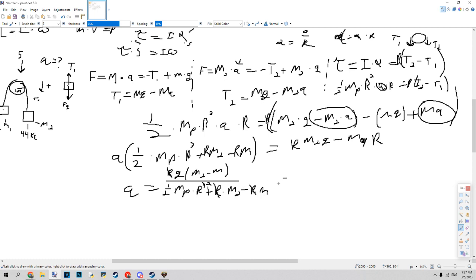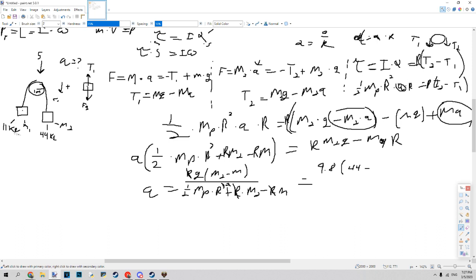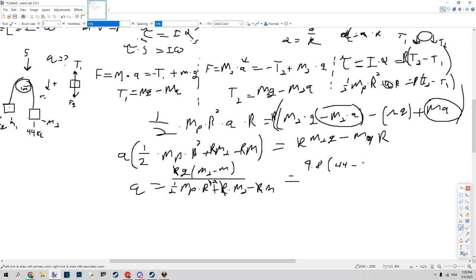And then we plug in our variables, so it's going to be equal to gravity, 9.8, by the second mass, which is 44 kilograms, minus the first mass, which is 11 kilograms.